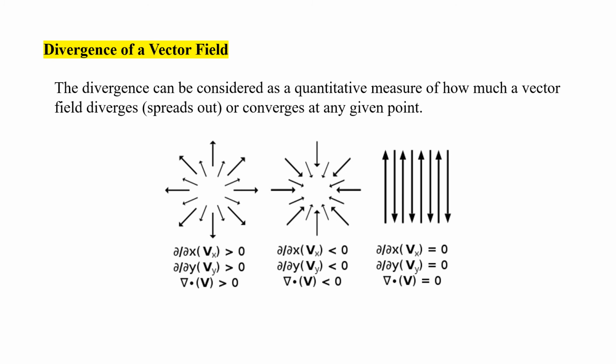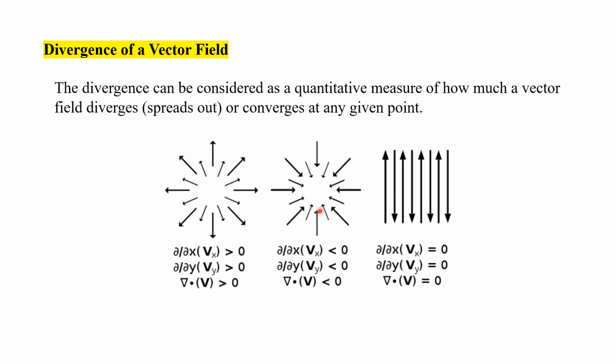The divergence can be considered as a quantitative measure of how much a vector field diverges, or spreads out, or converges at any given point. So this is how you illustrate the divergence, the spread out, and the convergence. This is the case for when your divergence is greater than 0, or positive, so it spreads out.